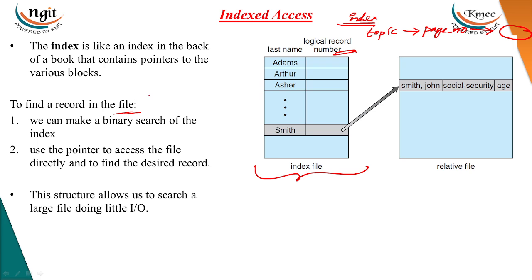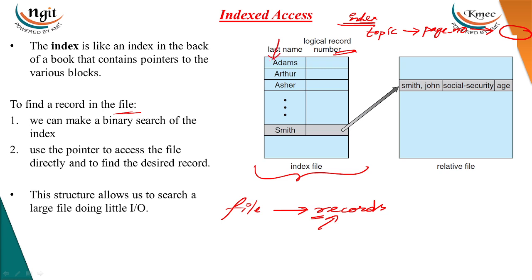A file is a collection of records; a file stores several records. To find a record in the file, we first search the index.